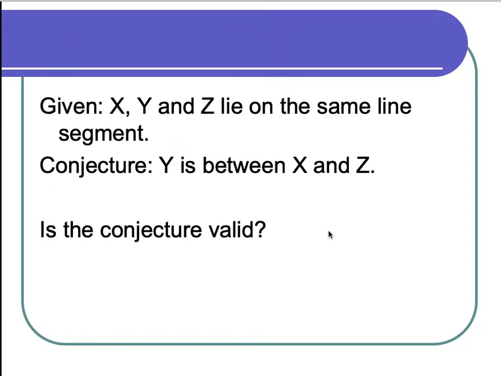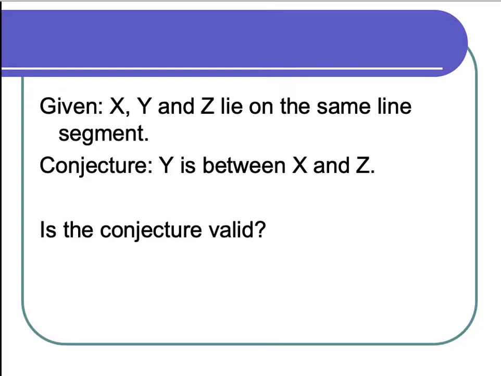We have another example. Given points x, y, and z lie on the same line segment. The conjecture or conclusion is y is between x and z. Is the conjecture valid? Okay, the conjecture is not valid.